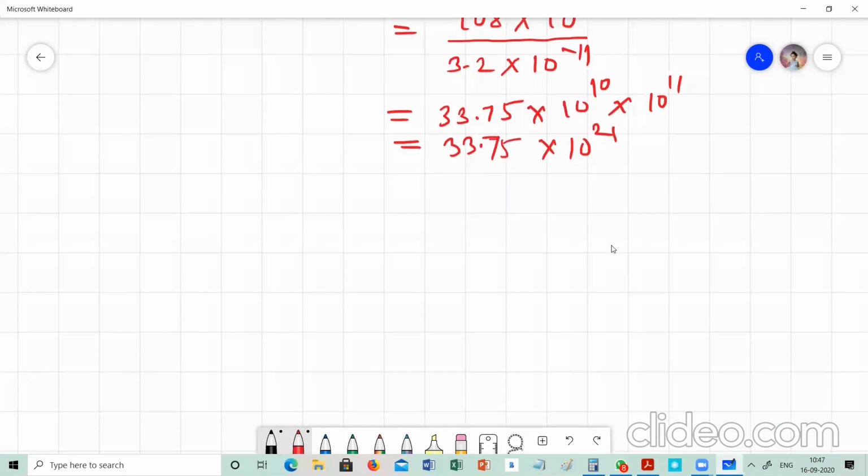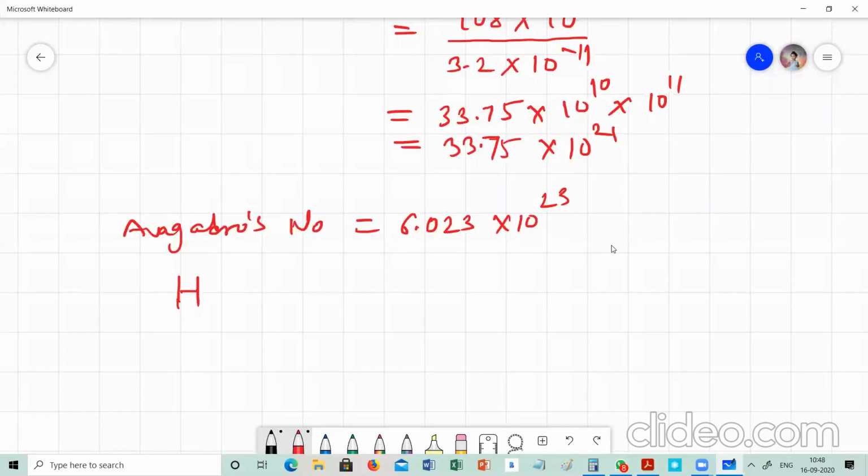For that, you have to know what Avogadro's number is. This number is equal to 6.023 into 10 raised to 23. Avogadro number denotes how many atoms are in a given weight of matter. Suppose hydrogen, its mass number is 1.